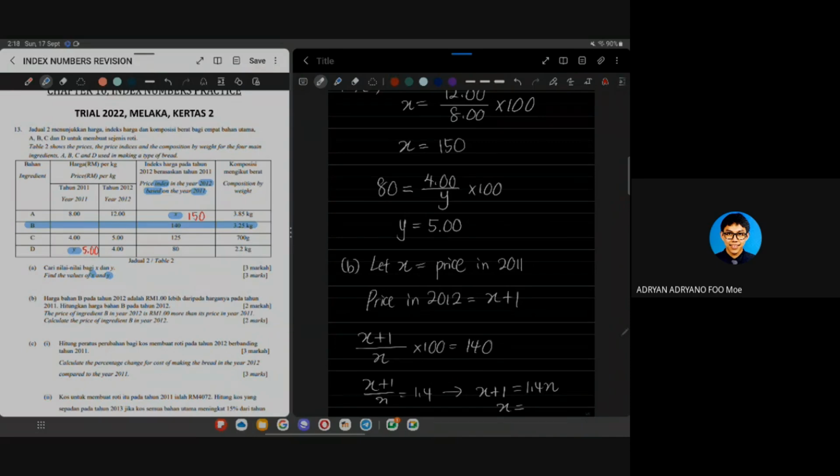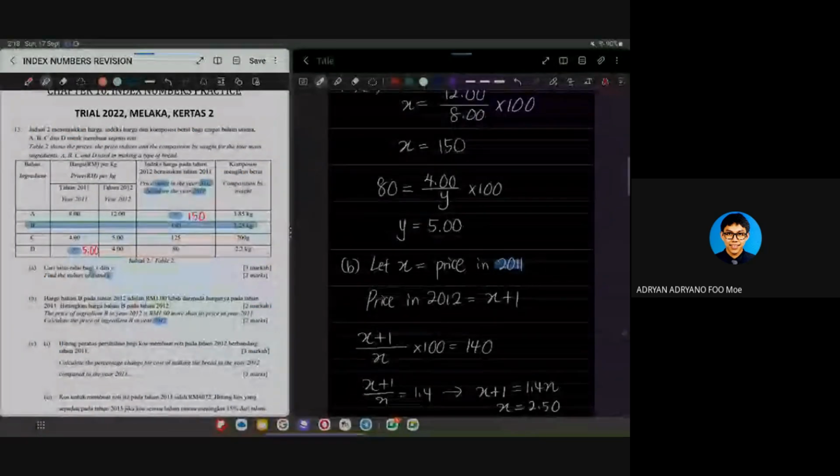It is 2.50. Do not question yourself. You write what you got from your calculator. 2.50. But why is the answer 3.50? Because 2.50 is the price in 2011. Now the question asks for what? The price in 2012.